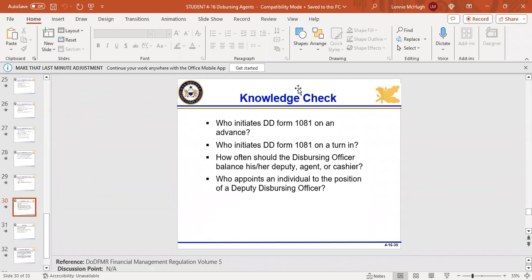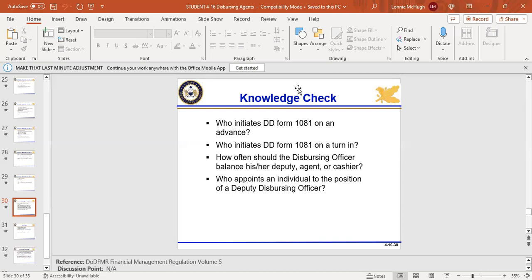How often should the dispersing officer balance his or her deputy, agent, or cashier? At least weekly, or if they're going to be absent for 5 days or more. Perfect. Who appoints an individual to the position of deputy dispersing officer? I believe that's the dispersing officer.